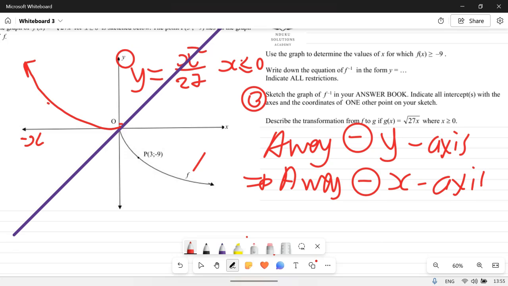And we need another point. Because we only know point P, which is the only point that we know, we'll draw point P this side, the image of point P. Then we can say your x is actually -9 and your y is actually 3. Let me do this so that it can also be visible for everybody.